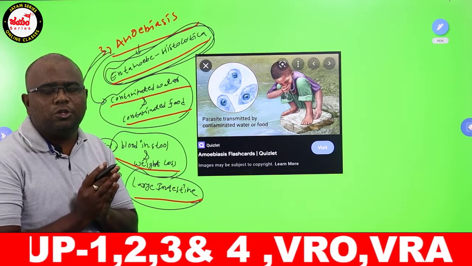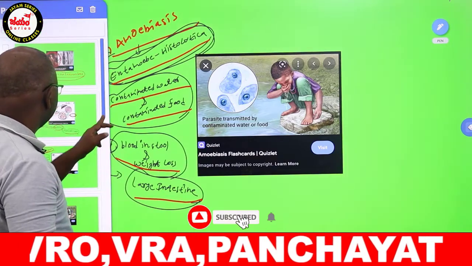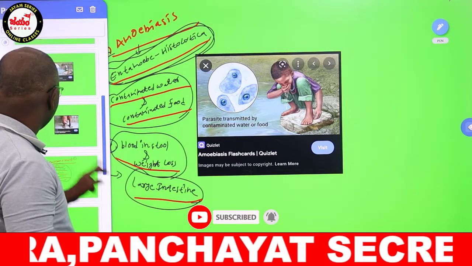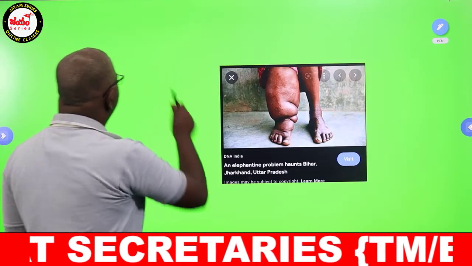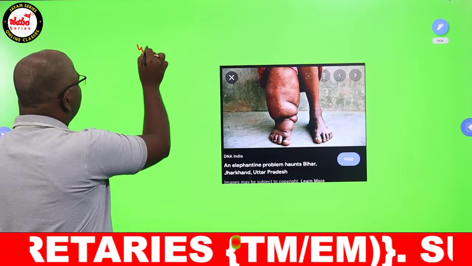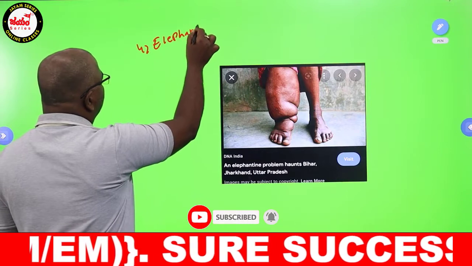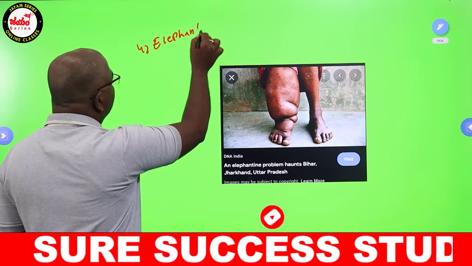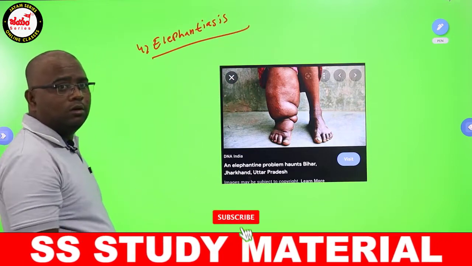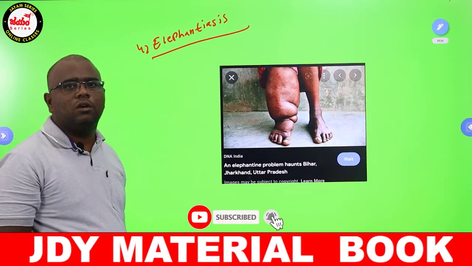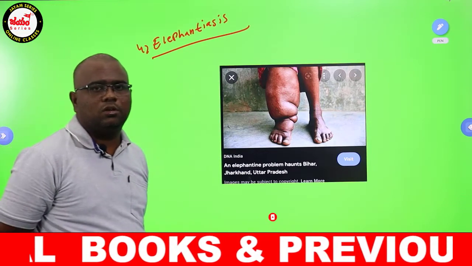The last protozoan disease, the fourth one, is elephantiasis.